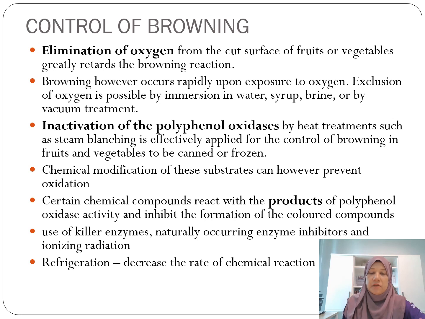Chemical modification of the substrates can, however, prevent the oxidation. You can also use the chemical modification. Next, you can use the killer enzyme. You can use ionizing radiation or refrigeration. So that's how you control the browning process in fruits, vegetables, and also seafood.